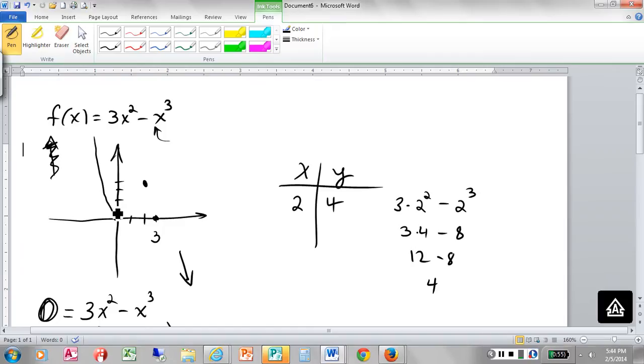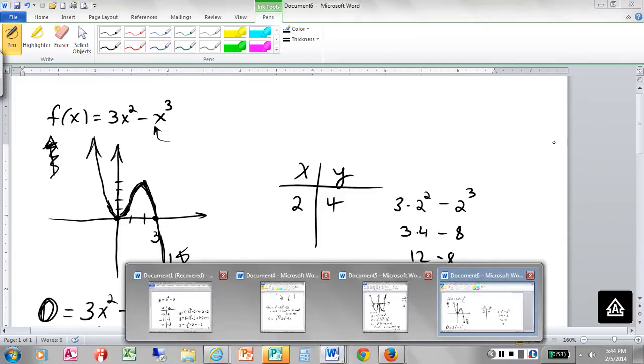Well, what that means is I can't cross at that x-intercept, because if I cross the x-intercept, that's going to put me down in the negative side. So it's just going to come around and touch there at that x equals 0 value, then come back up to the 2, 4 at some point, and then come back down and go through, and then end behavior down on the right. So this graph looks something to this effect right here.